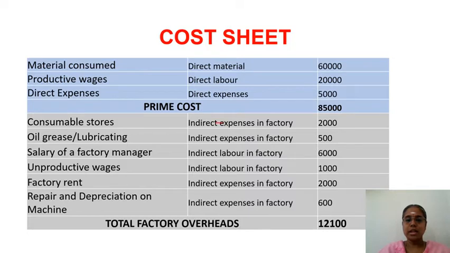So this is indirect material, indirect labor, indirect expenses in the factory. You are listing all this, and adding these things, you get the total of the factory overheads alone, listed after prime cost.